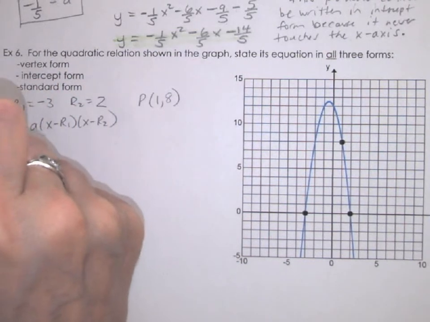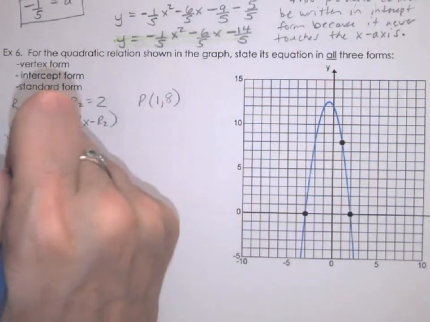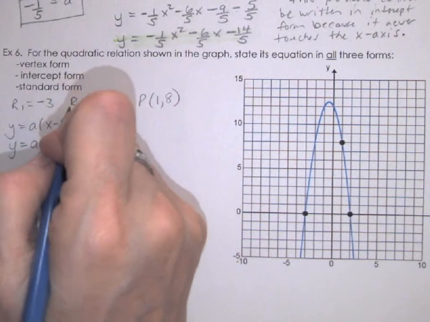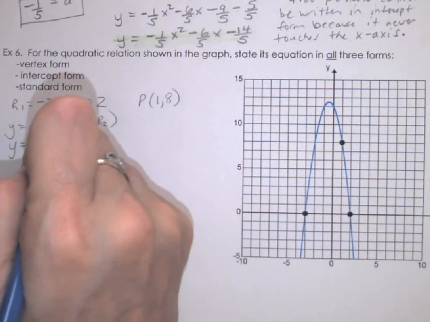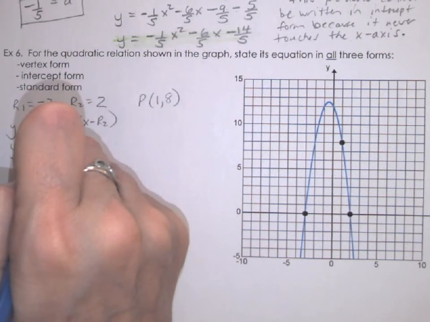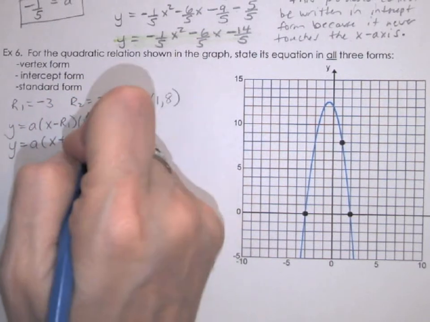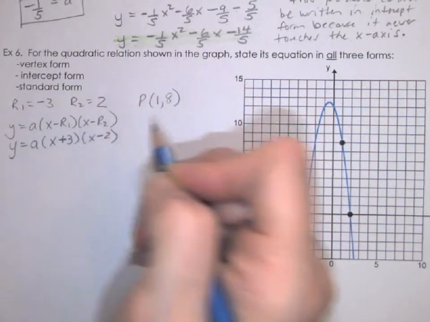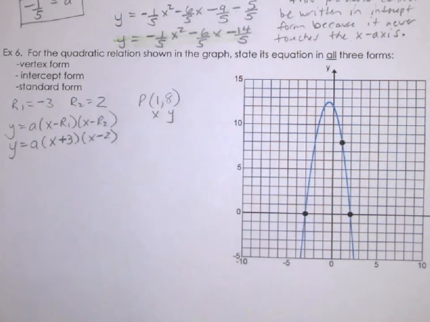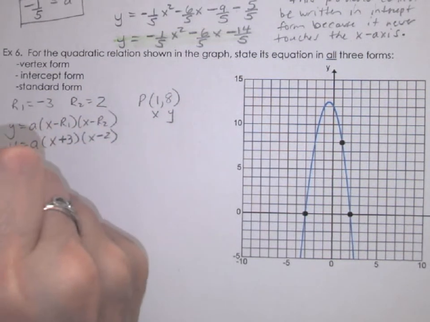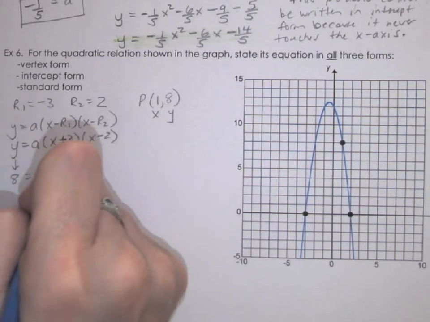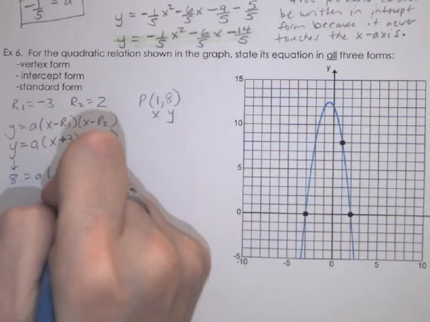And fill in what we know. So we don't know the a value yet, but we do know R1 is negative 3, so x minus negative 3 is going to be x plus 3, and x minus 2. We also know this point is on the parabola, so we can replace y with 8, and we can replace x with 1.